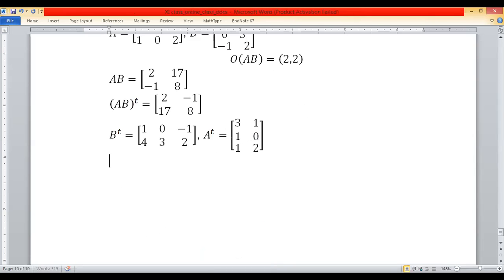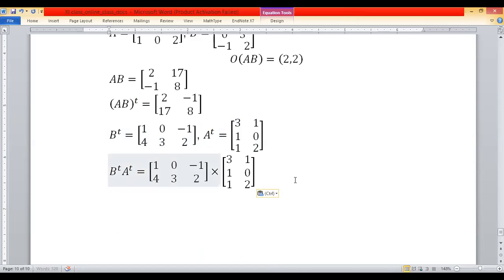So if you multiply B transpose with A transpose, write down. So now you can see three columns and three rows. So now you can say we can multiply B transpose with A transpose.